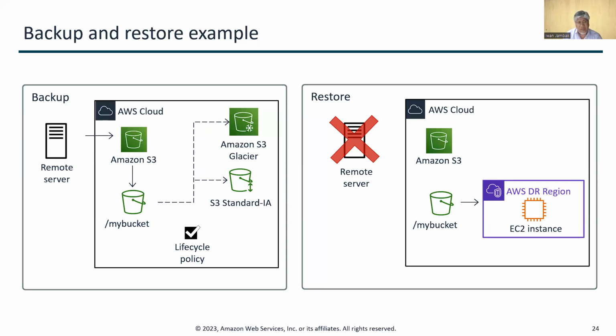So for instance, after 1 month it will go to S3 Standard-IA, infrequent access, and after 1 year it will go to Amazon S3 Glacier. You don't have to do it by yourself. What you can do is set the lifecycle and then it will do it automatically on your behalf.